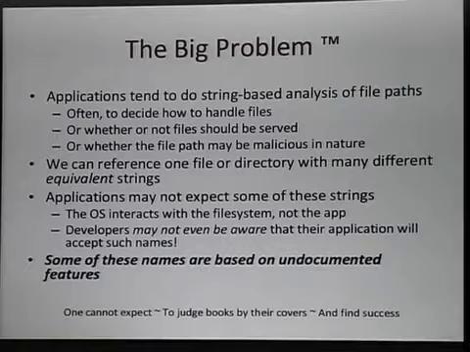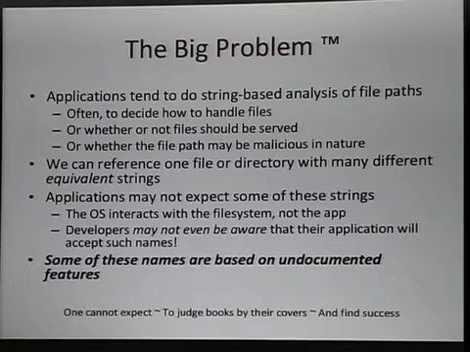So the big problem here is that applications tend to do string-based comparison of file paths and file names rather than actually checking the file system. The problem with this is that we can reference one file with a bunch of different names, and that's why Windows file pseudonyms, so fake names.